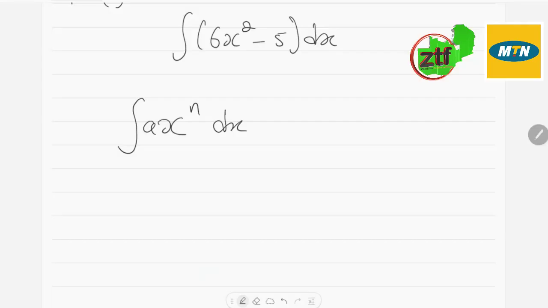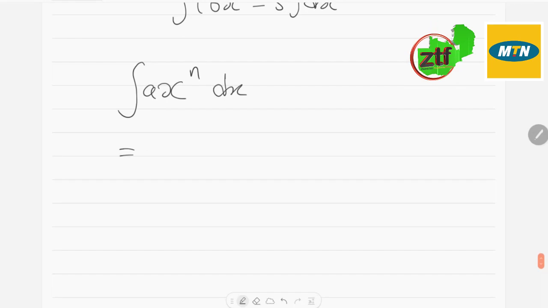Yesterday I talked about the basics of integration, but I'll remind you that if you are asked to integrate the function ax raised to the power n dx, the integral will be a divided by the power plus 1, which is n plus 1, then you have your variable x, with the power added by 1, and you add a constant c, which is called the constant of integration.